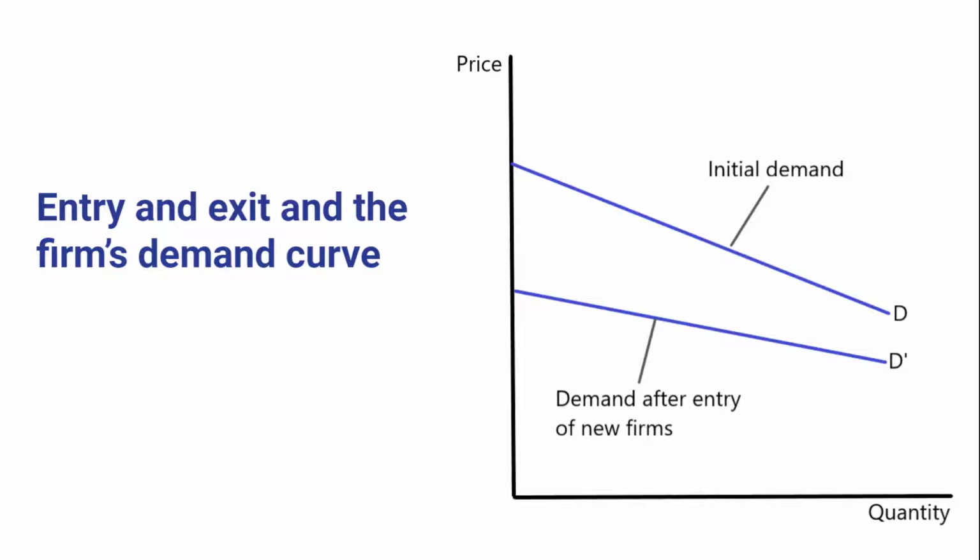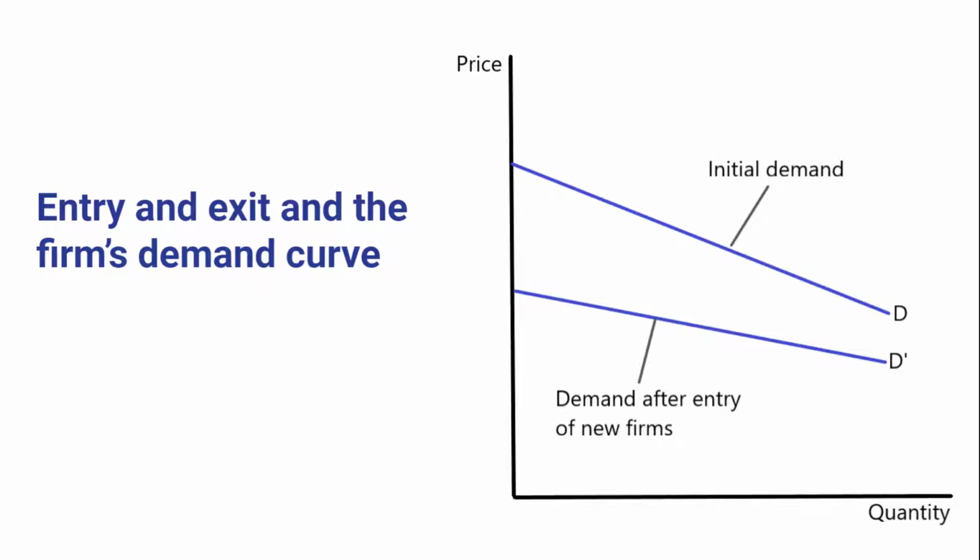Basically, what's happening here is that as new firms enter the market, the customers are going to be spread out among a larger number of firms, and therefore each firm will end up with fewer customers when consumers have more choices available to them. On the other hand, if firms leave the market, the reverse happens. As firms start to leave, customers now have fewer choices, and the demand curve facing any one of the firms is going to rise, and also become somewhat less elastic as consumers have fewer choices available.